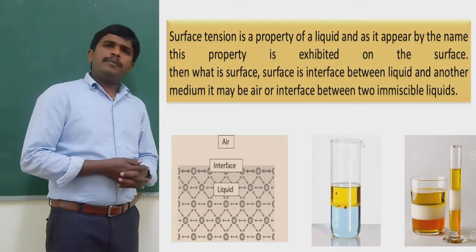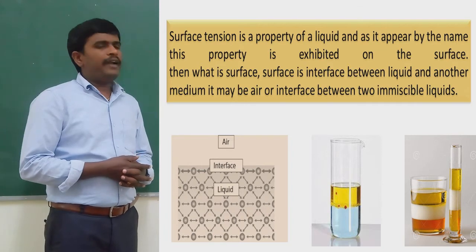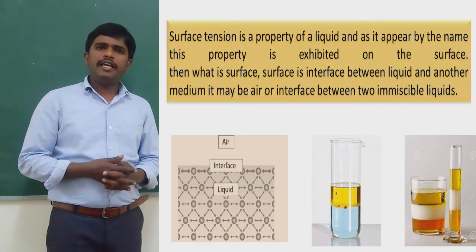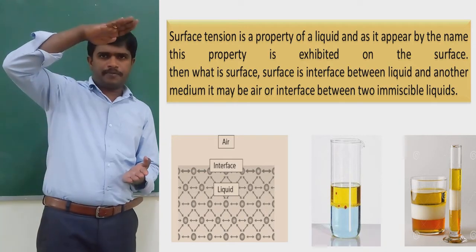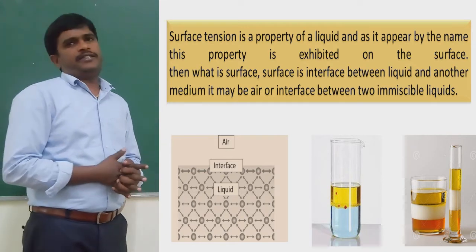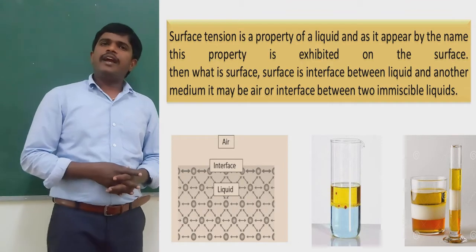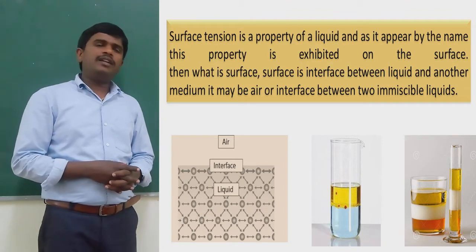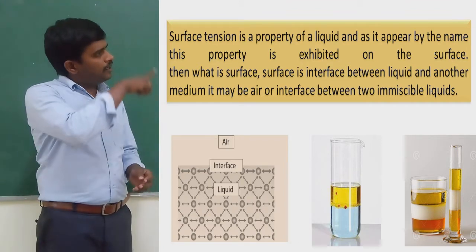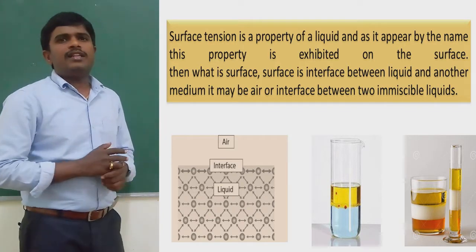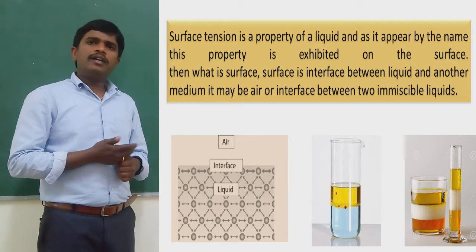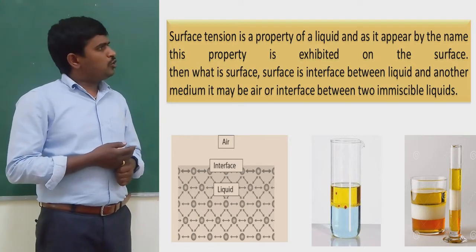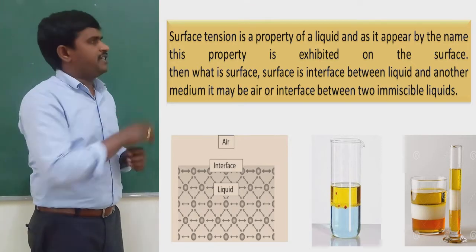Surface tension is a property of liquid, and as it appears by the name, this property is exhibited on the surface. Then what is surface? Surface is the interface between liquid and another medium. Here that another medium may be air or an interface between two immiscible liquids.